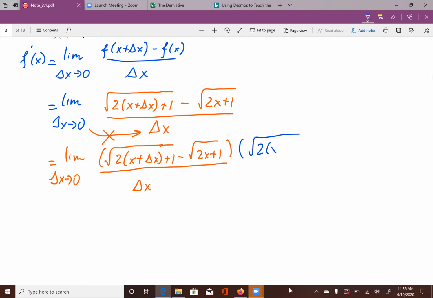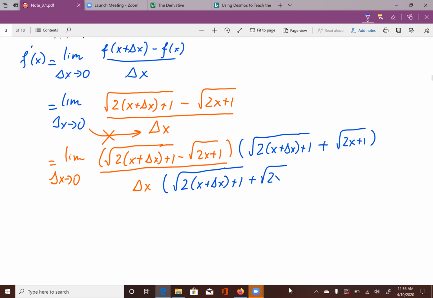So you see it's very similar, but this has a plus instead of the minus here, 2x plus 1. And if you multiply something to the top, you have to multiply the same thing to the bottom, 2x plus 1.